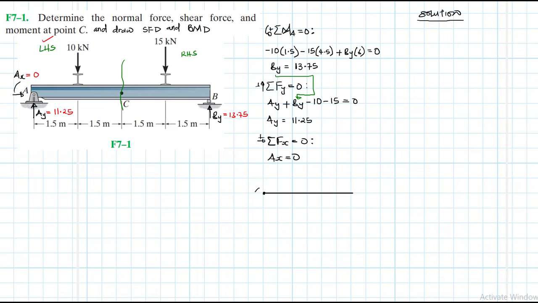So let's say this point is my A. I have my reaction force there, which is 11.25, and then I have my force here, and this is 10 kilonewtons, and then I have this distance there, this distance up to there where I've done the sectioning, and this is a 1.5, and this is a 1.5.